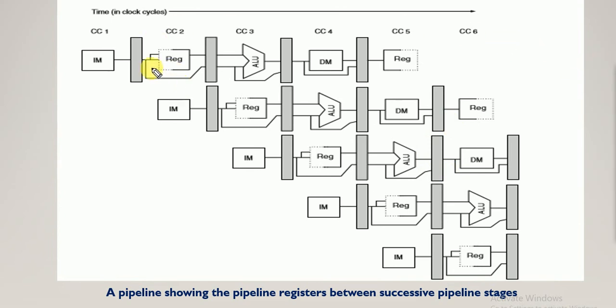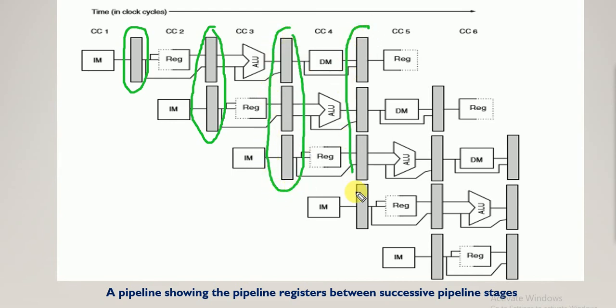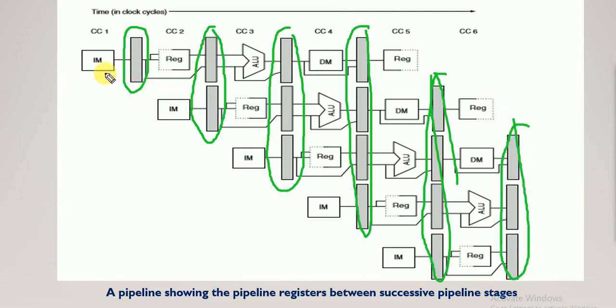The same thing, only one hardware is placed in between two stages. Here you can see pipeline registers are there, and in the next stage also we can see pipeline registers. So what is the duty of these pipeline registers? These are additional hardware placed between two different stages. The instruction memory will read the instruction, and this register will decide whether it can go to the next stage.